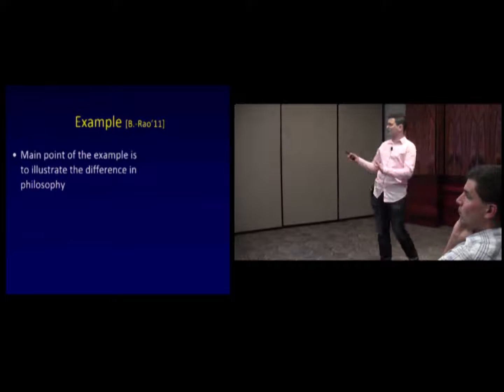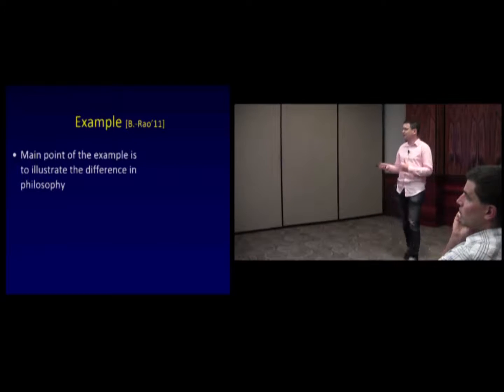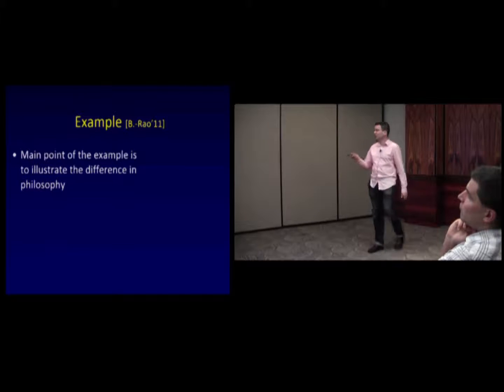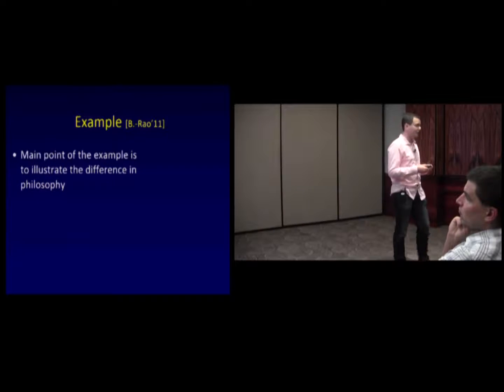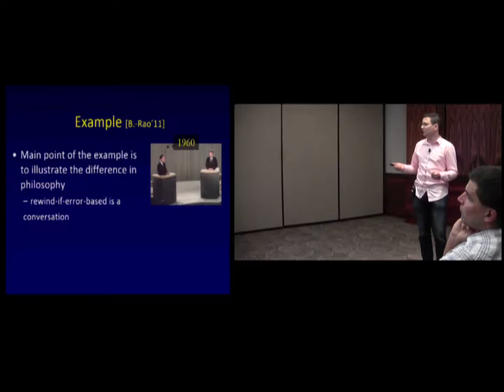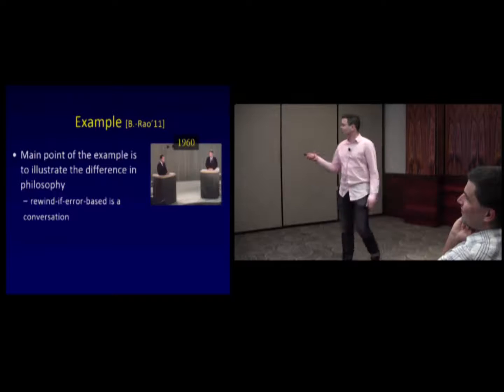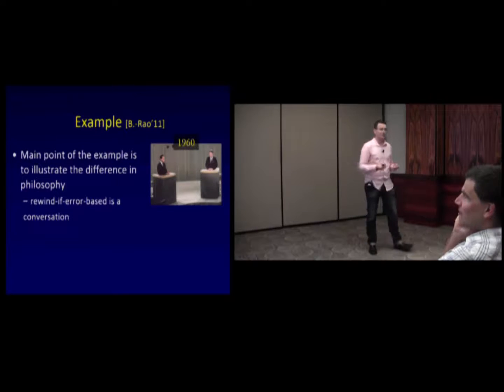And the main point, for this specific problem, maybe it is the state of the art, but the point is not that this is the most important example, but it's the easiest one to illustrate the philosophy of using tree codes, of not knowing where you are. So here is the philosophical difference. Rewind-if-error is based on having a conversation between parties.